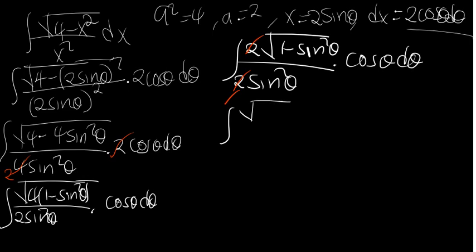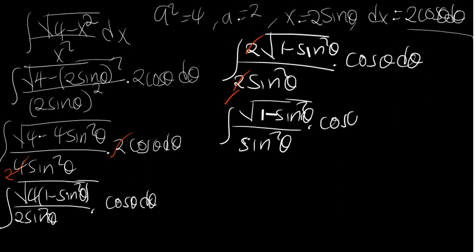the square root of 1 minus sine squared theta divided by sine squared theta times cos theta d theta.